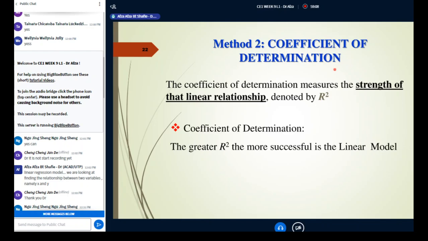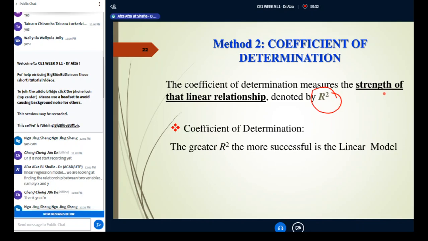The coefficient of determination measures the strength of that particular linear relationship, always denoted by the value of R squared. So R squared means the coefficient of determination. It measures how strong the relationship between the Y and the X is.